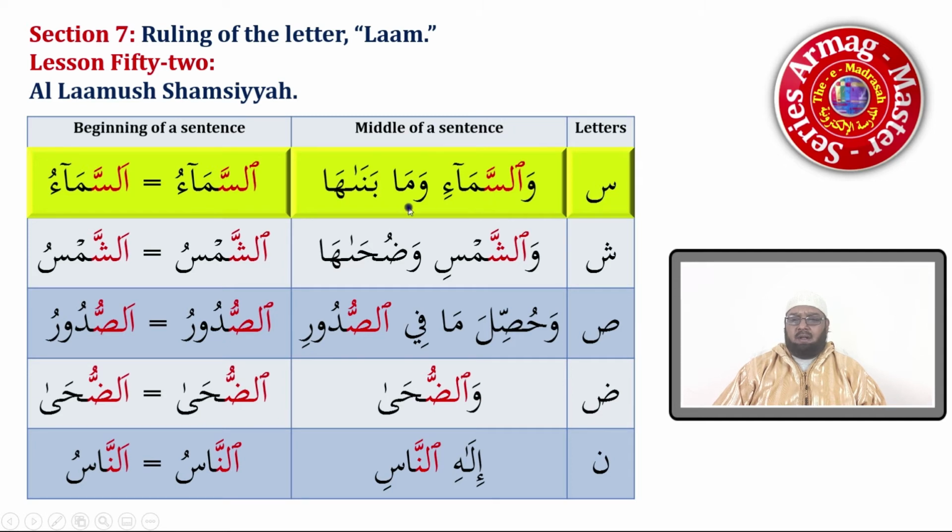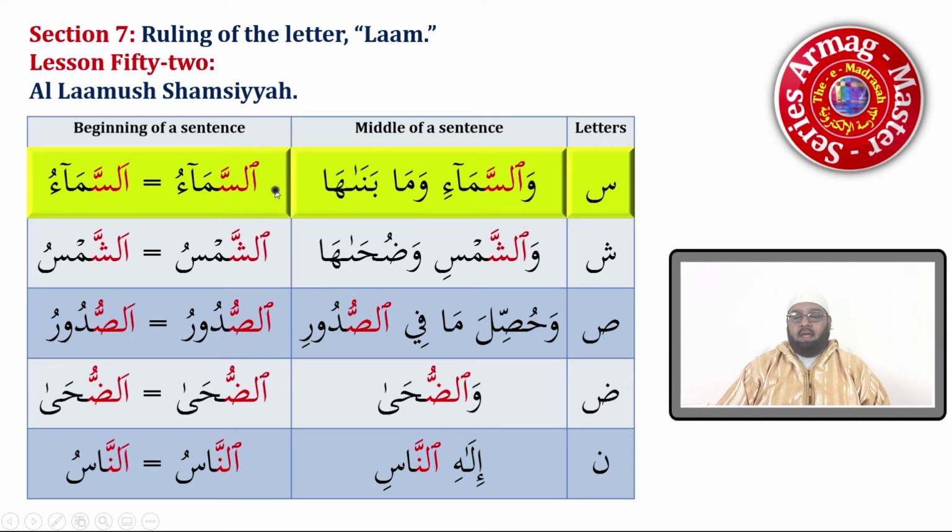So this example will read as was-samai wama banaha. Okay? If this word as-sama comes at the beginning of a sentence, it will be written this way, but we have to put a fatha on top here, so it's going to be as-sama'u as in this example. But again, this example will not be written in the Quran. The previous example will be written in the Quran, but we have to put a fatha over it.